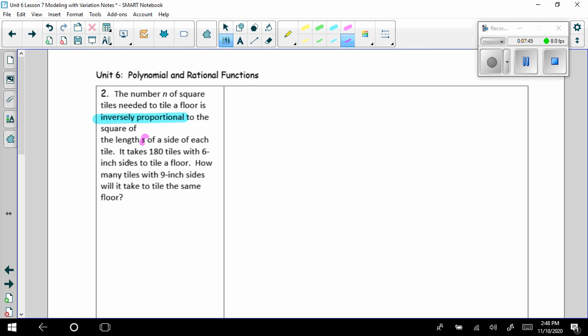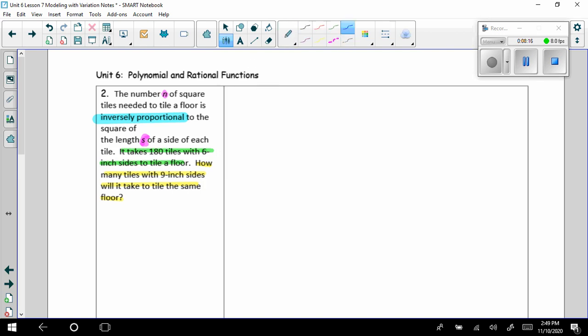Okay, it takes 180 tiles with 6-inch sides to tile the floor. And then we want to know from that, how many tiles with 9-inch sides will it take to tile the same floor? Okay, so we have s is the length of the sides of each tile, and n is the number of square tiles needed.